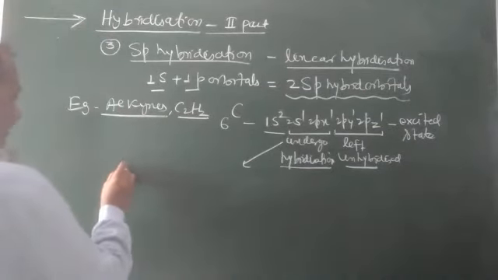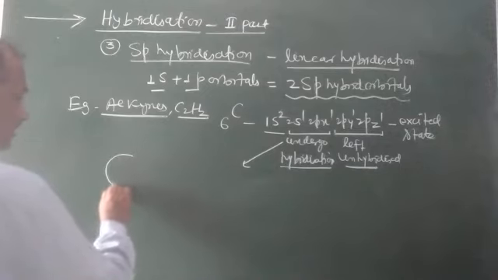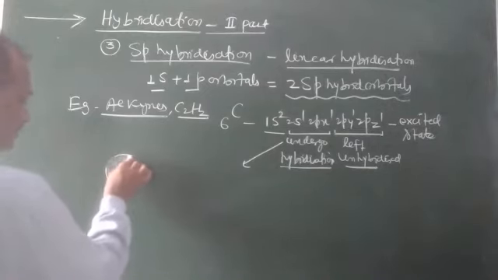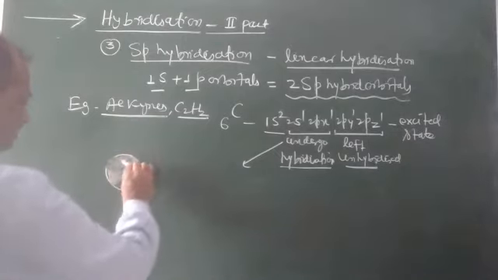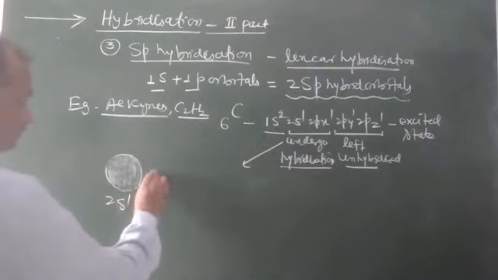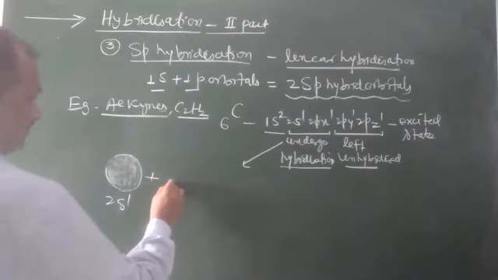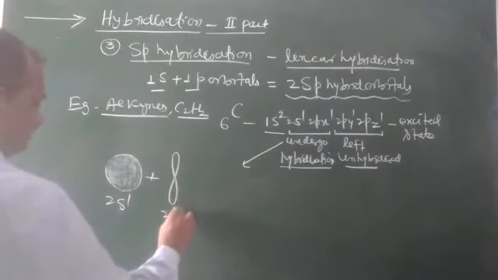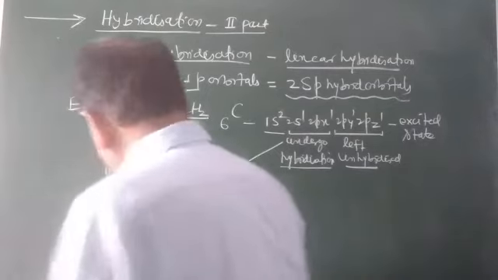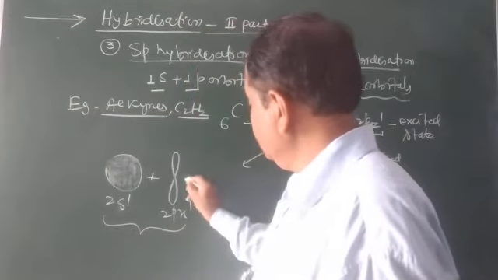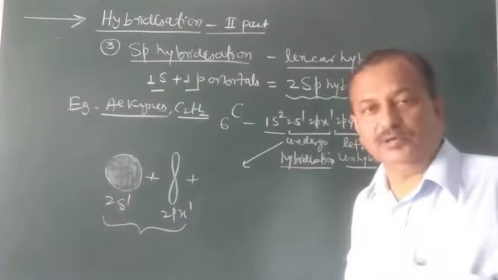If you draw here, this is our 2p. First we have the 2s1, then we have the 2px1. So only they will undergo hybridization.